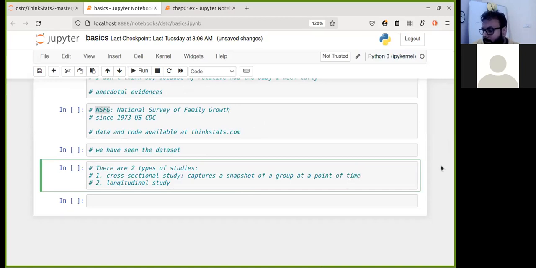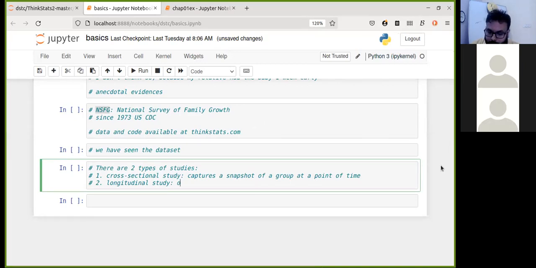And a longitudinal study observes a group repeatedly over a period of time.